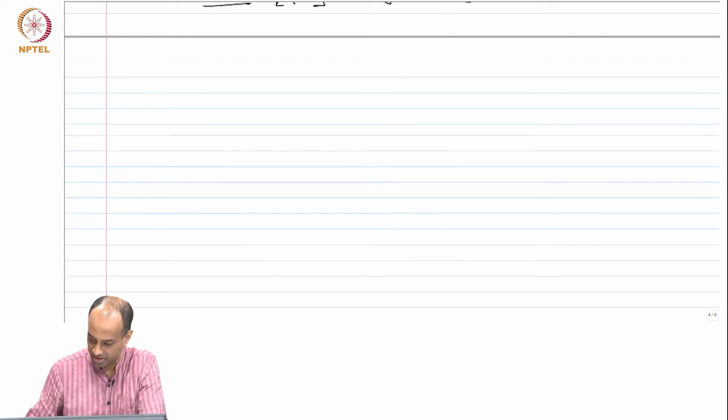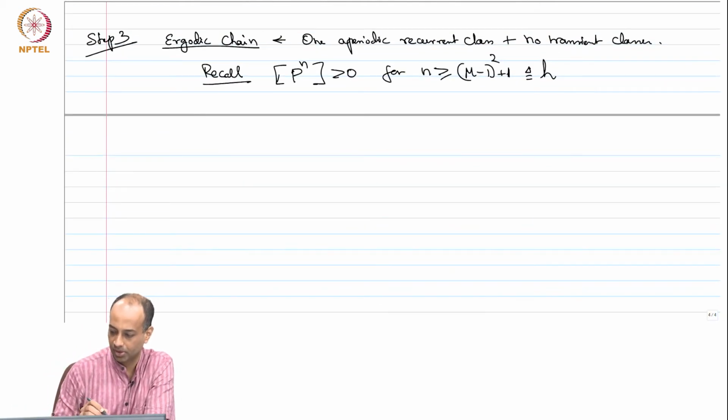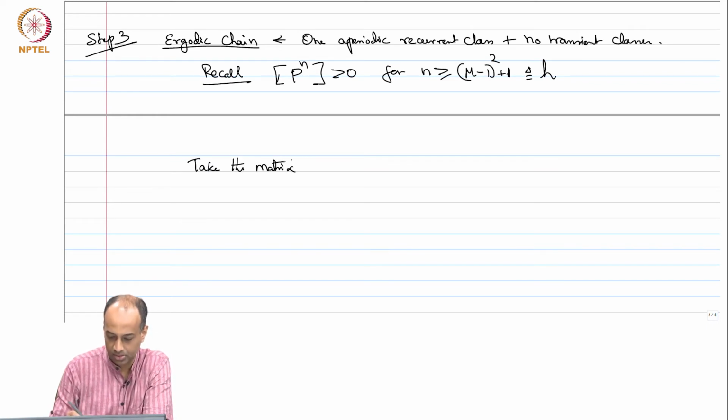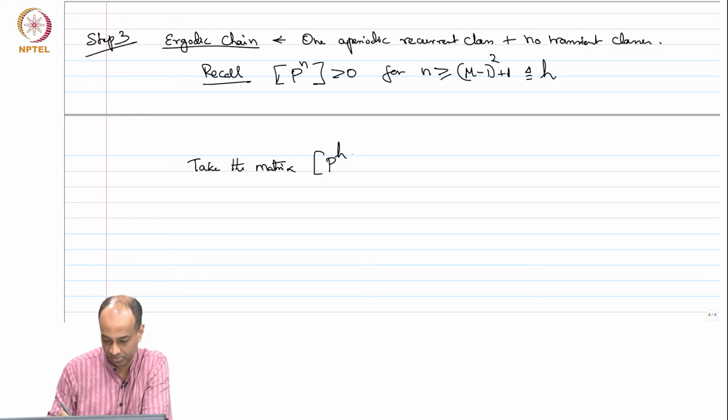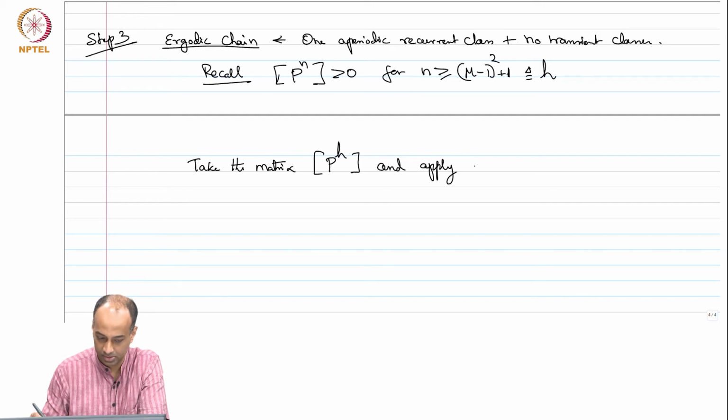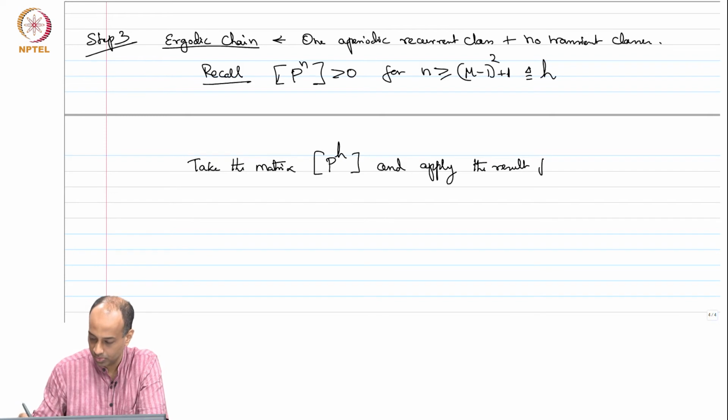Now the approach is the following. Take the matrix p to the h and apply the result from step 2.